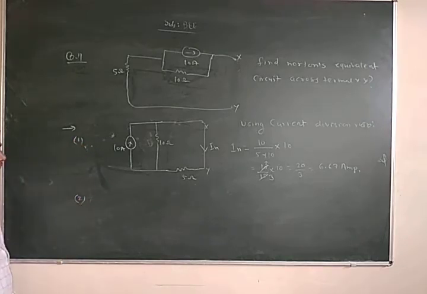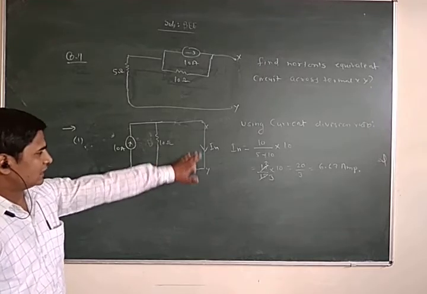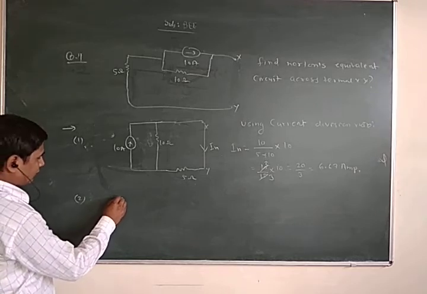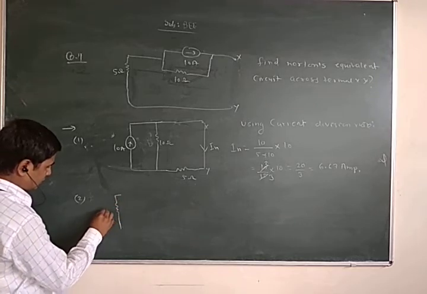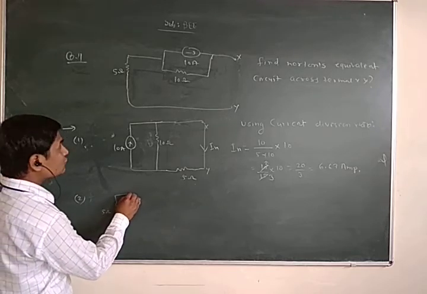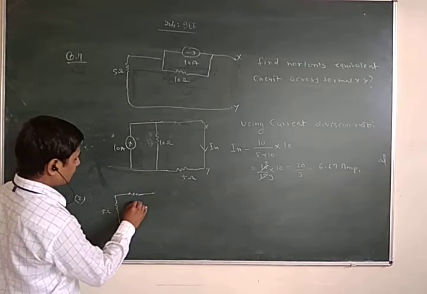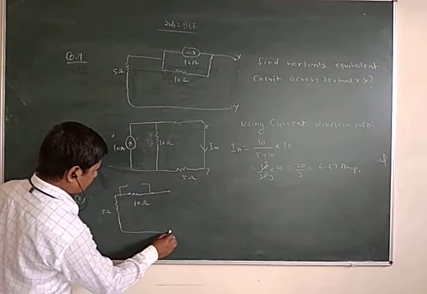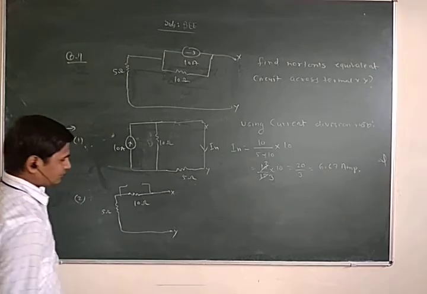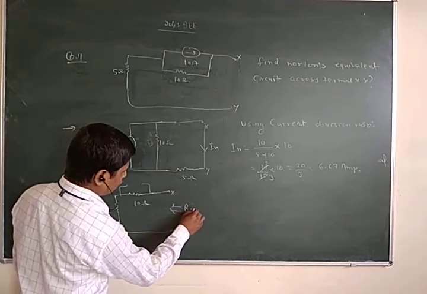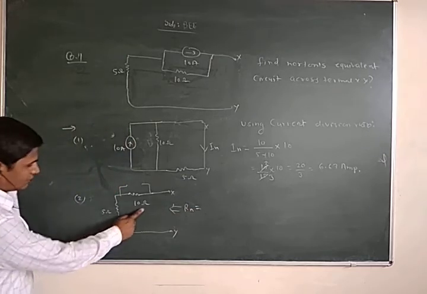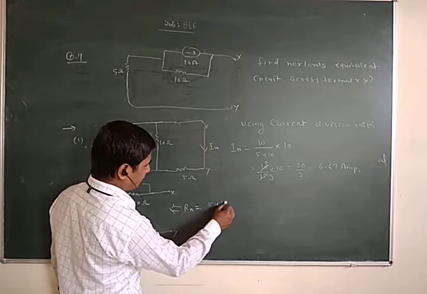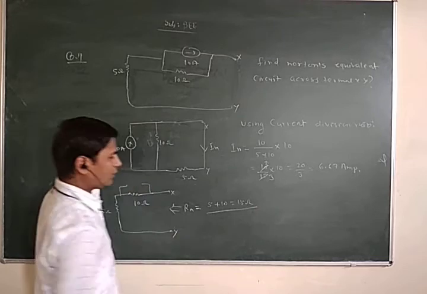Now in the second step, we find RN across the XY terminals. For the calculation of RN, we replace the current source by an open circuit. So the current source terminals are open circuited, and these are the XY terminals. Now RN is equal to, these two branches are in series, so the equivalent resistance is 5 plus 10, which is 15 ohm.